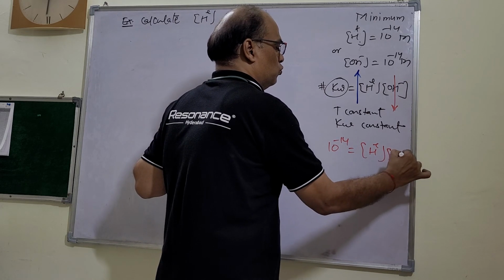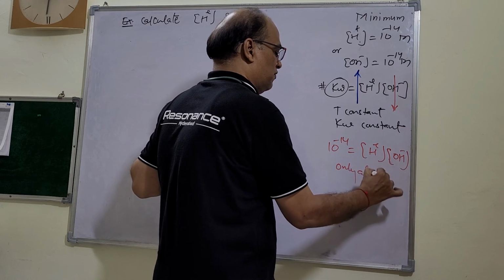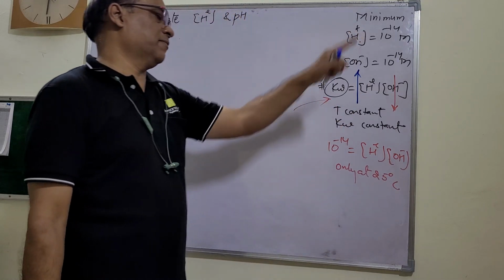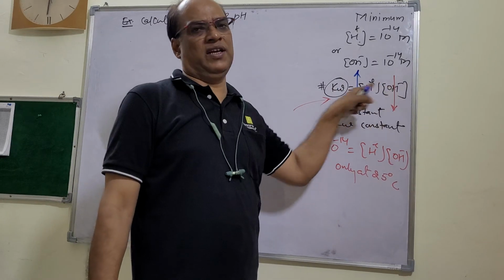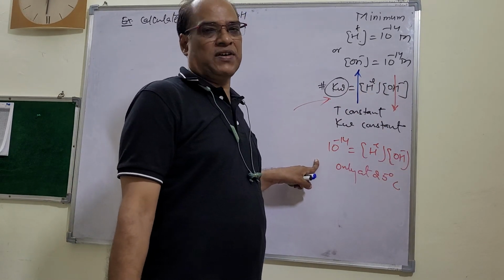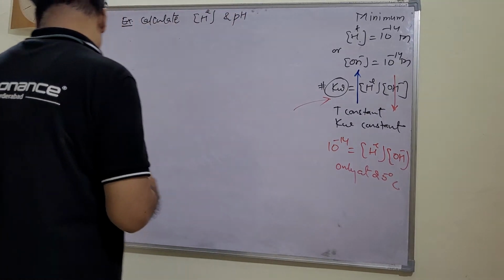This is true only at 25 degrees Celsius, and Kw equal to H+ into OH- is a fundamental truth. Whatever is the temperature, this statement is true for every temperature, but the other statement is only true for 25 degrees Celsius. Got it? The importance of temperature.